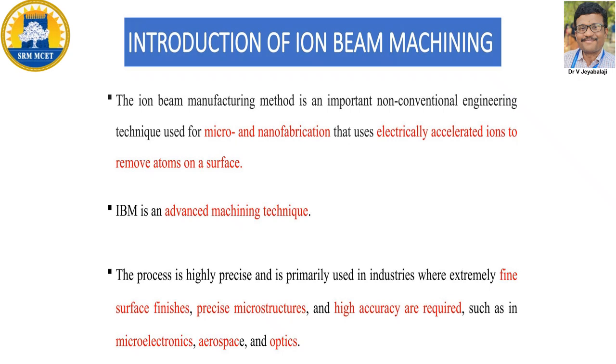This is an advanced machining technique. This process is highly precise and mainly used in industries for fine surface finishes, precise microstructures, and wherever high accuracy is required, such as in microelectronics, aerospace, and optics.